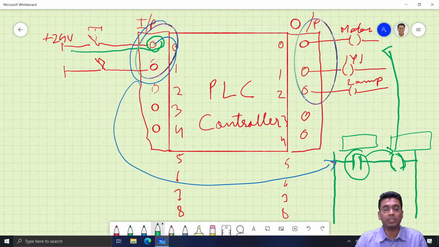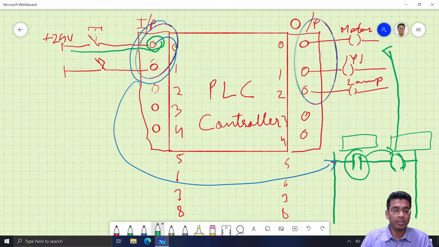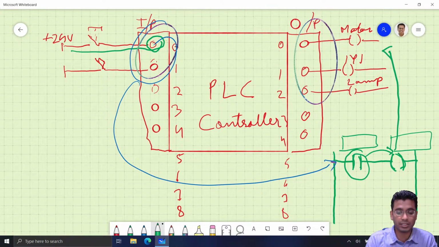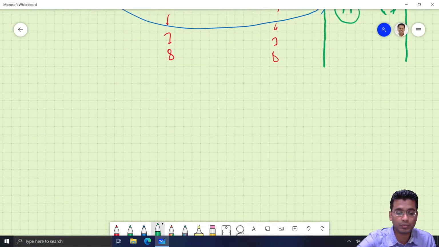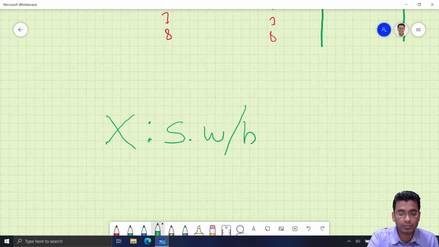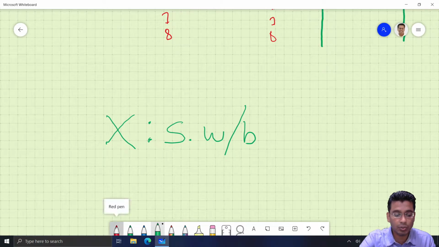Now generally how is the addressing done? Just let me show you a generic form of how this addressing is done. Addressing is denoted by these letters. Now what is this?